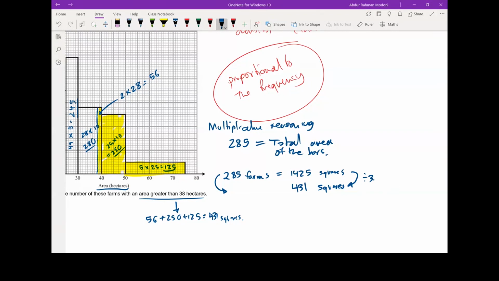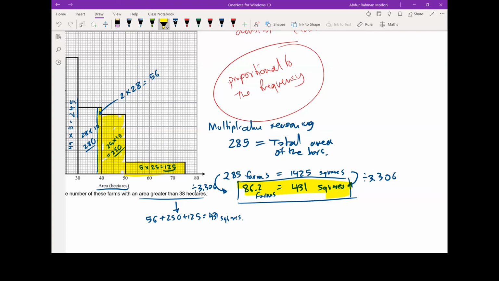So divide by 3.306 gets us to this number, and I'll do the same on the other side. Divide by 3.306. 285 divided by that number gets us to 86.2 farms. So 431 squares, i.e. the yellow highlighted section, is equivalent to 86.2 farms.